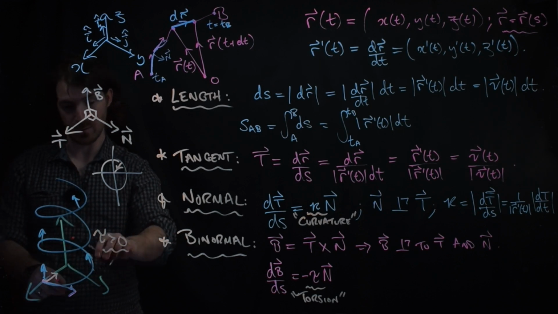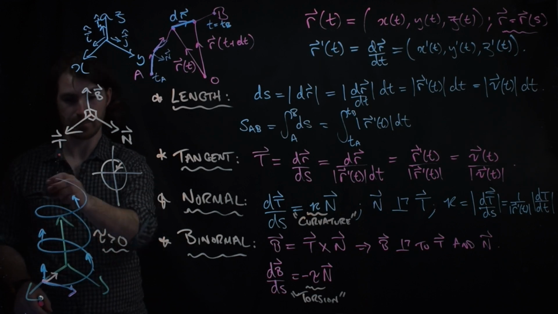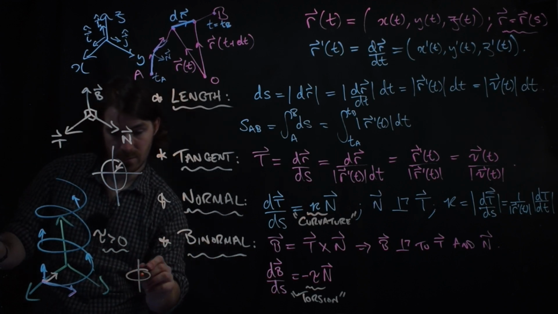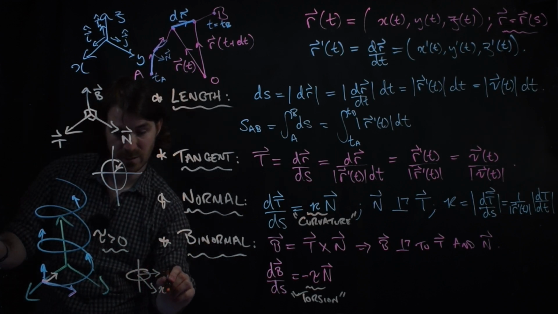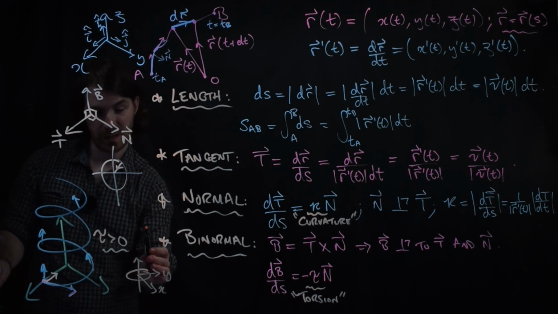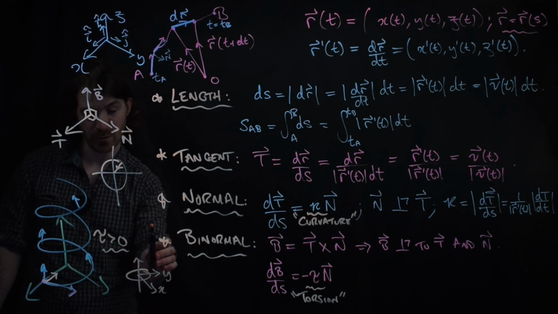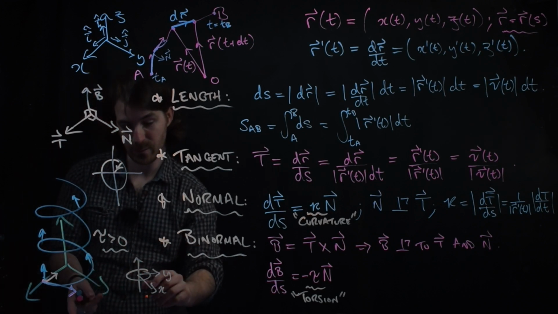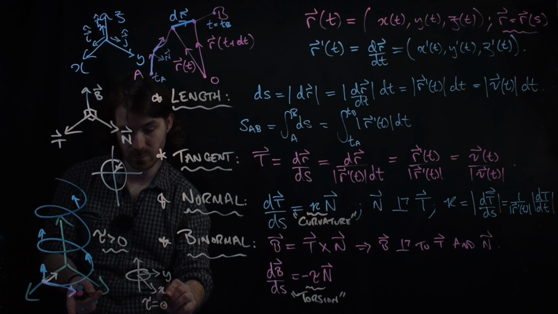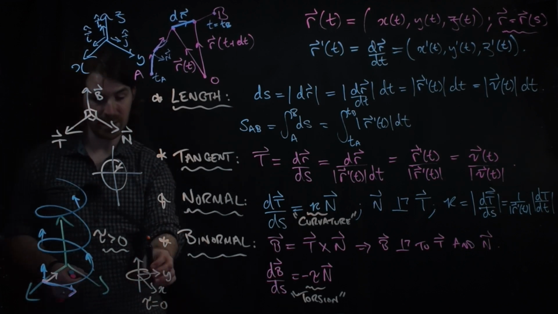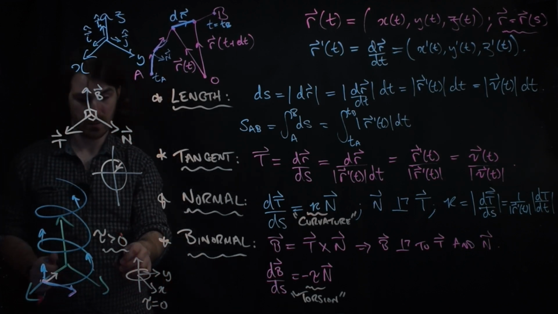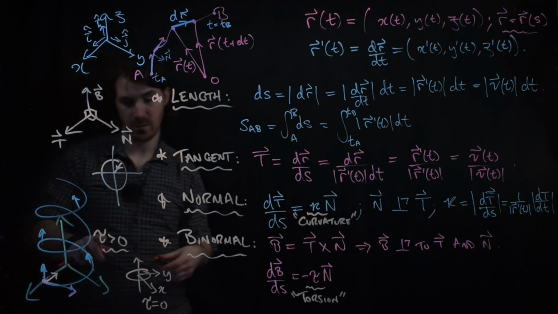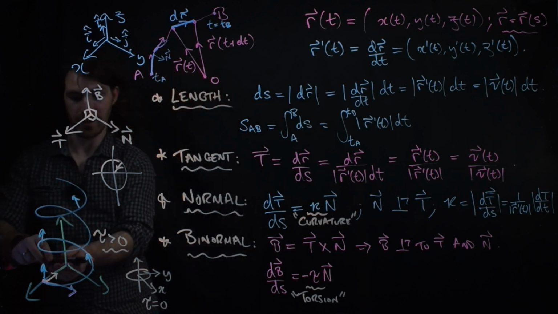It changes as you move around the helix. But for a circle in the XY plane, B points up and it's a unit vector, and it points in the same direction as you go around the circle. So for a circle in the plane, we found that the torsion was 0. So for a planar curve, the torsion is 0. If the curve lifts out of the plane, you get a non-zero torsion. So torsion is a measure of how it lifts out of the plane.